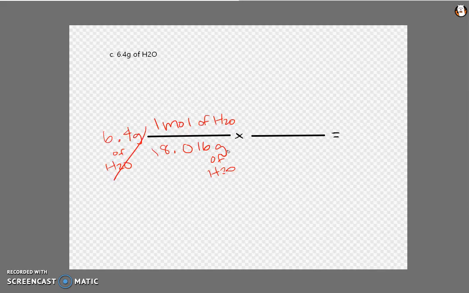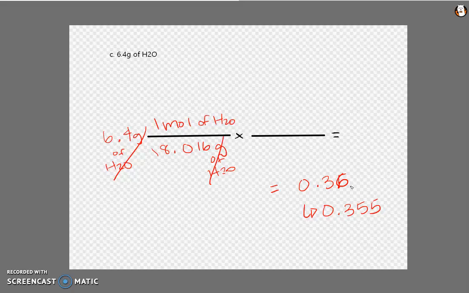So the grams are going to cancel out, and you're going to end up with 6.4 divided by 18.016, and you get 0.355, so it becomes 0.36, and then this is moles of H2O.